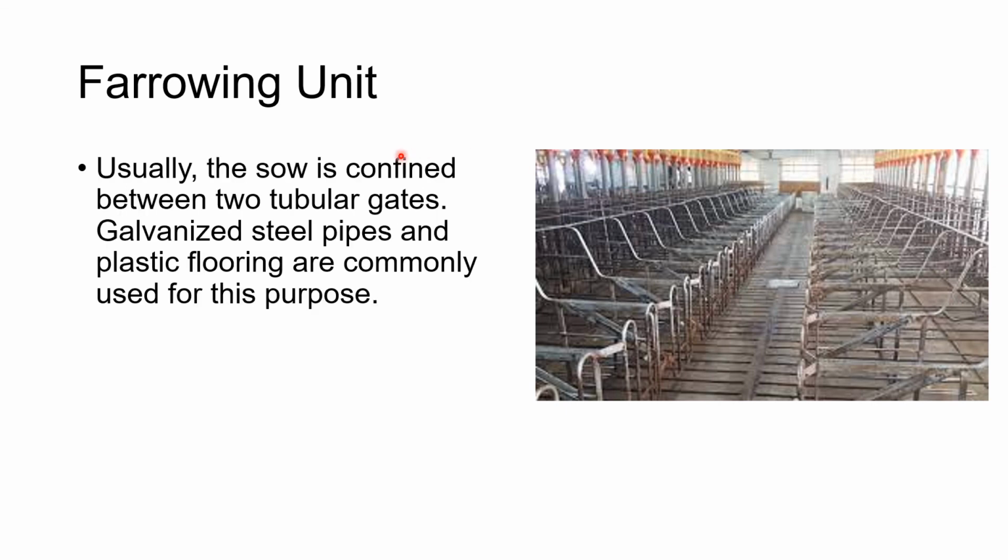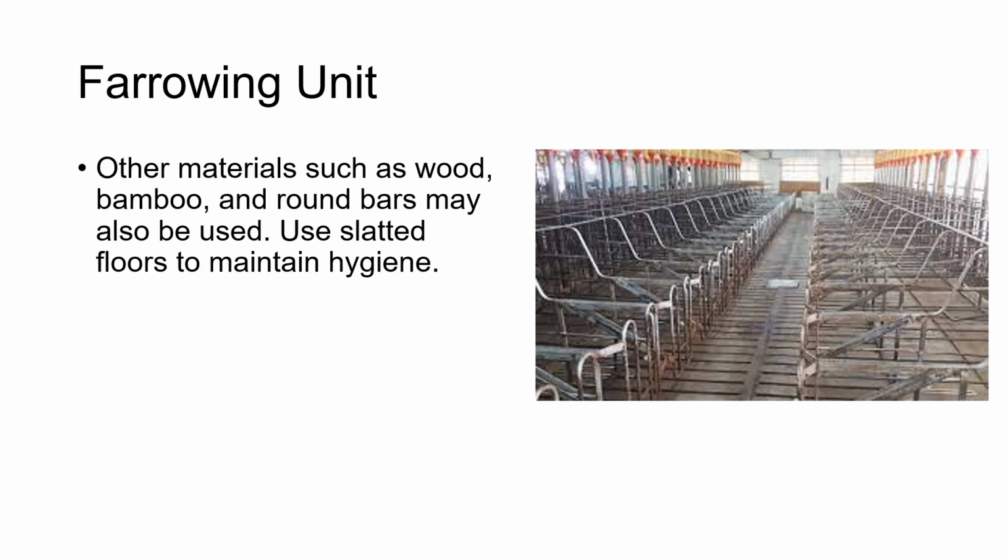So, usually the sow is confined between two tubular gates. Galvanized steel pipes and plastic flooring are commonly used for this purpose. So, parang ganito yung farrowing cages niya. Other materials such as wood, bamboo, and round bars may also be used. Use slatted floors to maintain hygiene. Para doon mag-out yung mga urine mo.